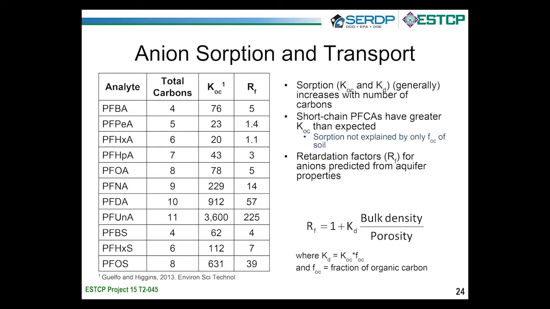And the take-home message here is that these compounds generally do tend to prefer binding to organic carbon when it's in the soil or sediment, and that there generally is an increase in that binding or that sorption as you increase the chain length. So PFOS sorbs more strongly and is more retarded, moves more slowly than, say, the perfluorobutane sulfonate.